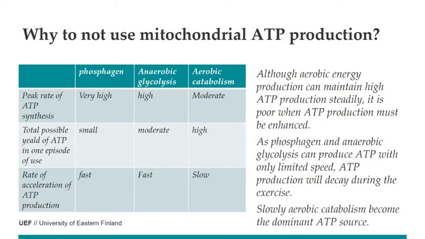So the acceleration of ATP production in phosphagens and anaerobic glycolysis is fast, but aerobic catabolism you can speed up only quite slowly. But it doesn't matter, because these two others can produce so much ATP for the cell. So that's why, anyway, in the long run, you are relying on aerobic catabolism. And this was something that we already learned when we were discussing the metabolic rate during exercise.